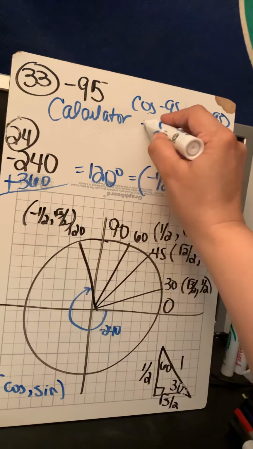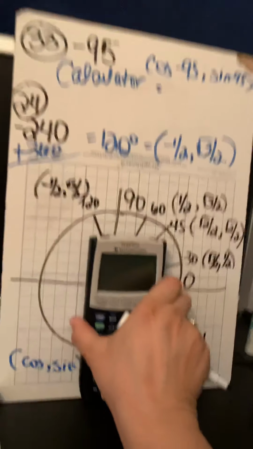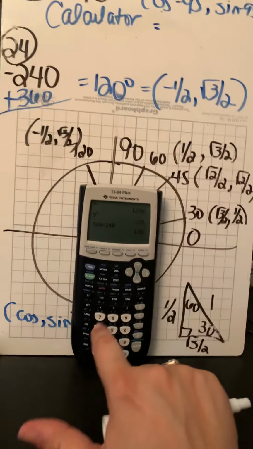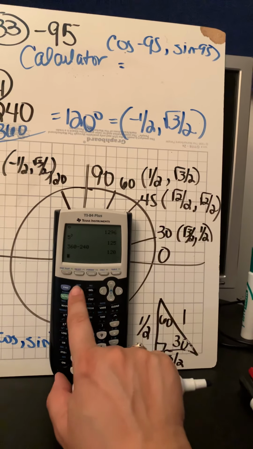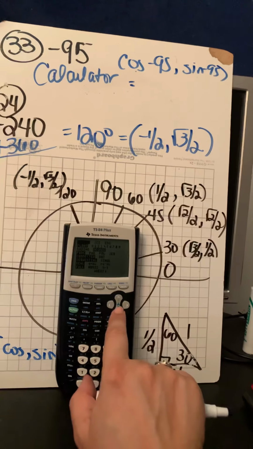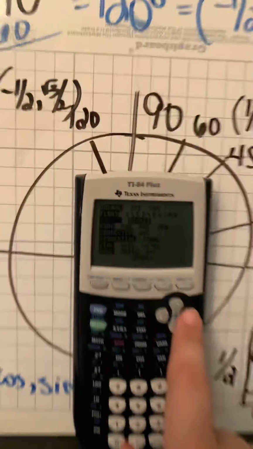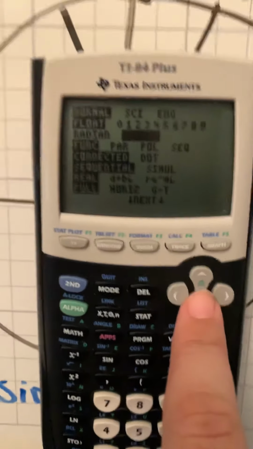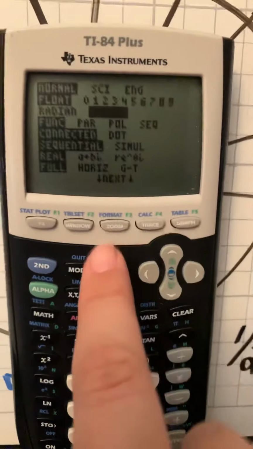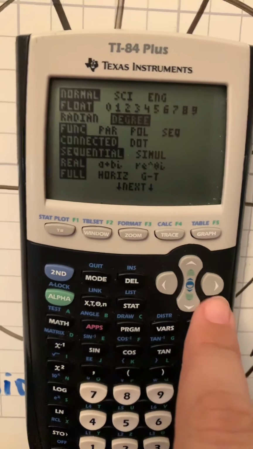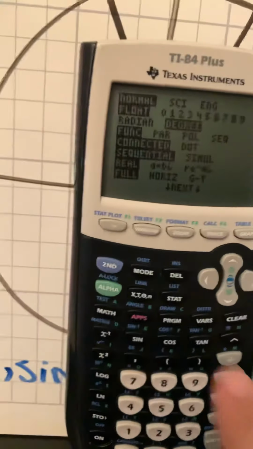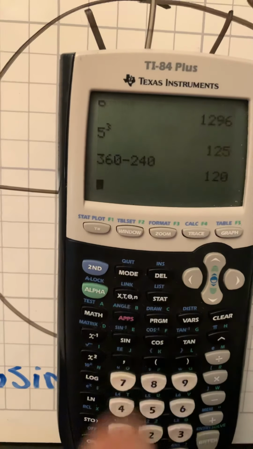In your calculator, when you turn it on, it's very important to go to your mode. Make sure that it is over in degree mode. So just hit enter, make sure it's selected, and then just quit out of there.